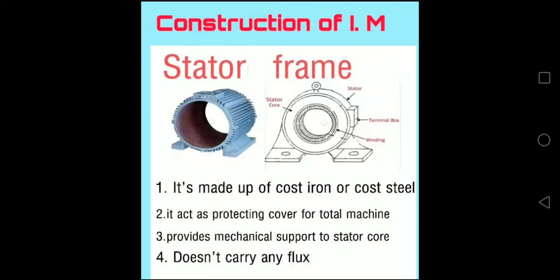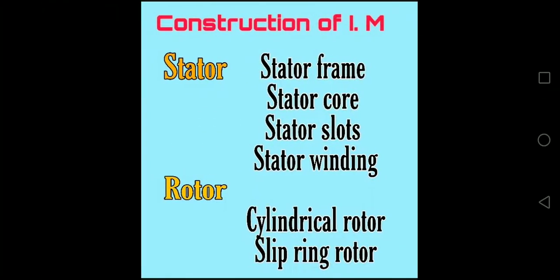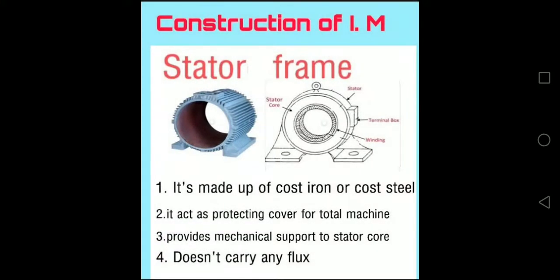Now the first one is the construction of the induction machine stator. The first point is the stator frame. See, this is the outer figure of a stator frame. It is made up of cast iron or cast steel material.